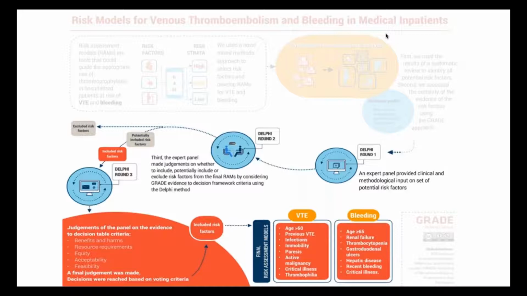The judgments were made in a structured manner by considering the pooled effect estimates, their associated certainty in the evidence, and other GRADE evidence to decision framework criteria, including resource requirements, equity, acceptability, and feasibility for each of the factors per outcome.